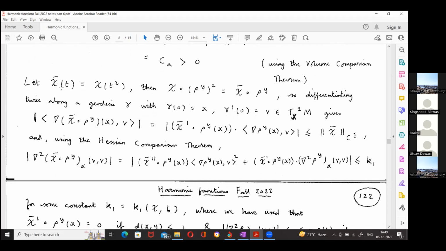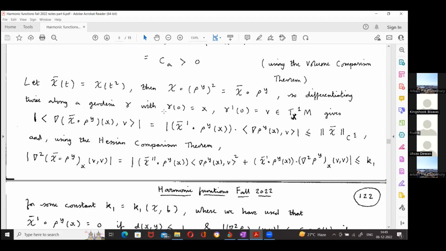Now let's look at the first and second derivative of these functions. Let chi bar of t be chi of t squared. Then chi composed with the distance function from y, rho_y squared, is the same as chi bar composed with rho_y.